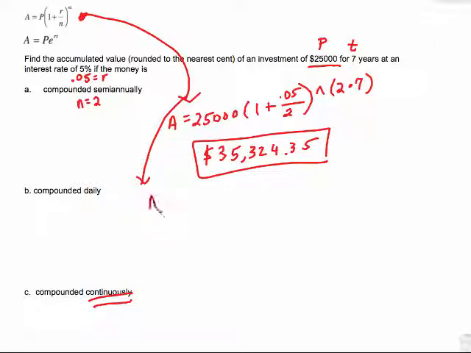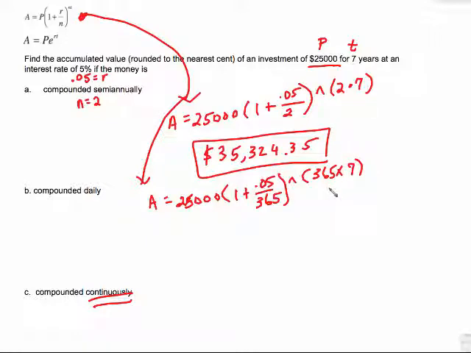So daily is going to be the same setup here, 25,000, parentheses, 1 plus 0.05 over 365 for daily, because there are 365 days in a year, to the parentheses 365 times 7. See, like the 2 times 7 you could have done to the 14th in your head.